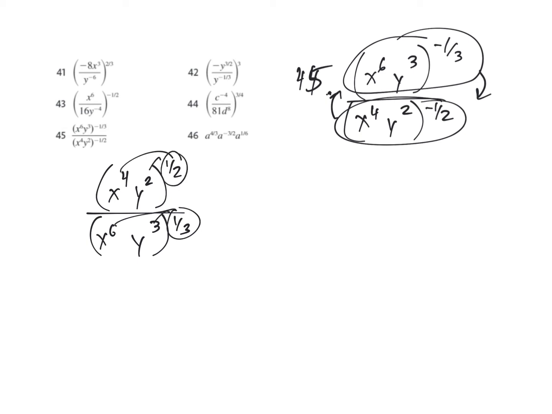And again, you can always distribute first. There's multiple ways to go about doing this. So when you distribute, multiply. So 4 times 1/2 is 2, 2 times 1/2 is 1. On the bottom, 6 times 1/3 is 2, and 3 times 1/3 is 1. And you notice those reduce to 1, 1. And 46.